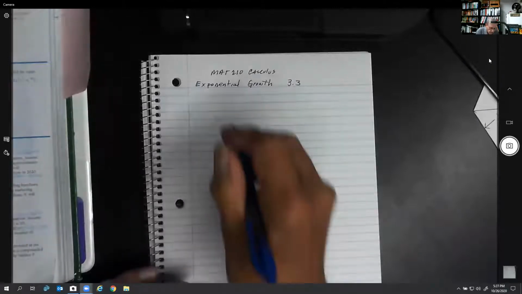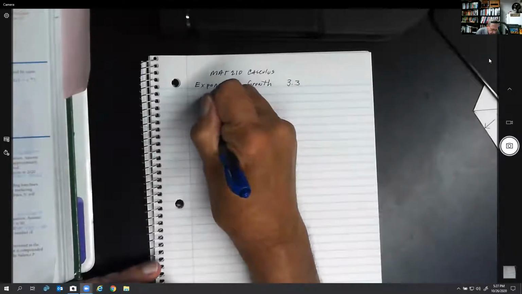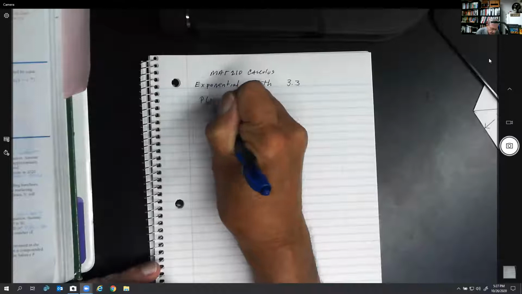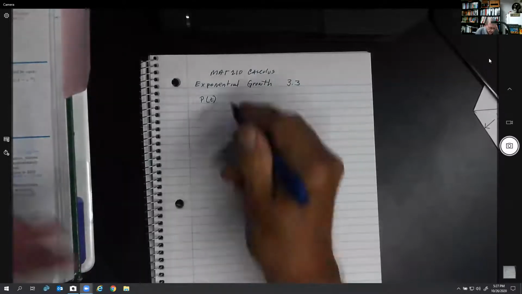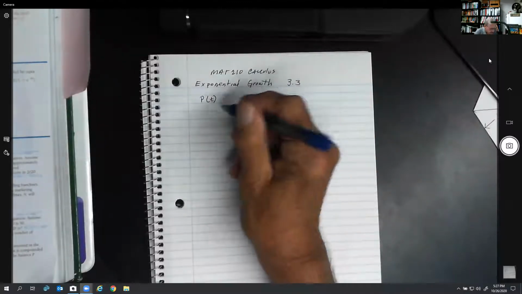And basically, we're going to just use two formulas. P sub t means, over a period of time, the amount that you're going to get back if it's money, or if it's population, how much the population is going to be over a period of time, maybe 1 year, 2 years, 20 years, whatever.